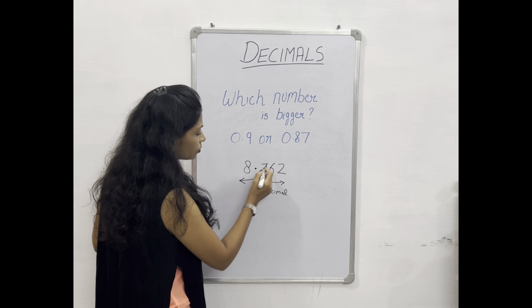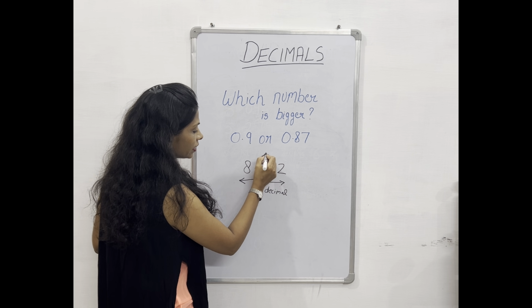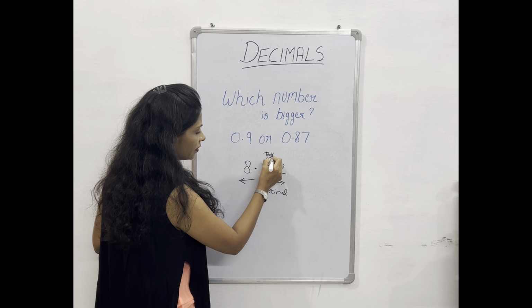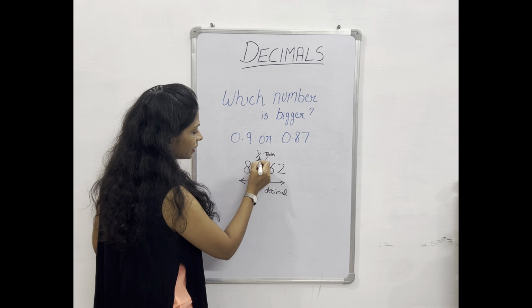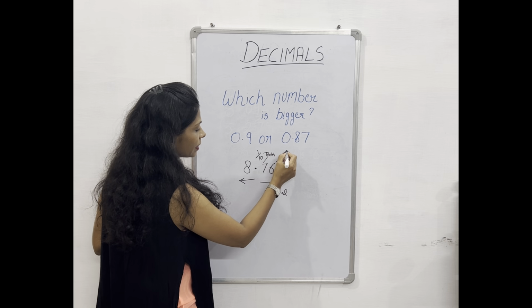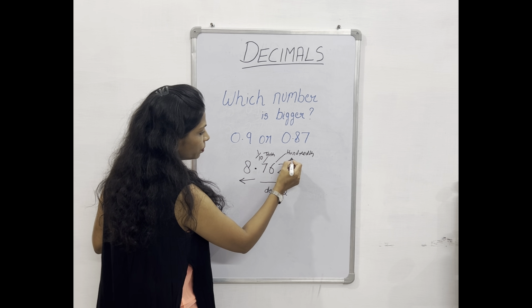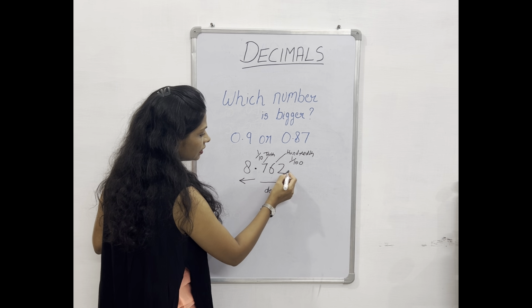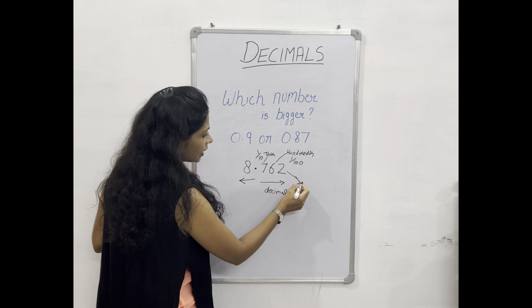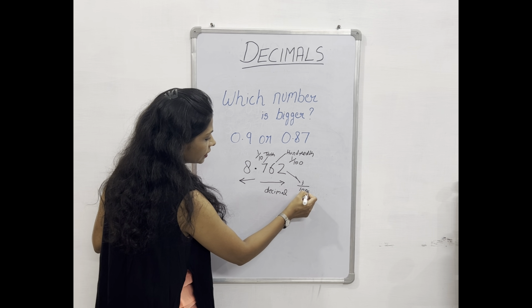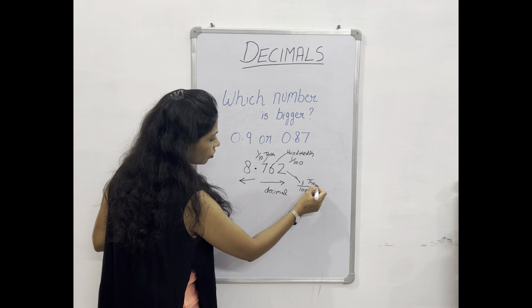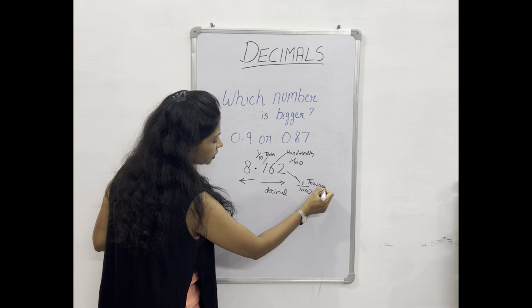The place value of the first decimal digit is tenth, also represented numerically as 1 over 10. 6 is represented as hundredth, numerically as 1 over 100, and 2 as 1 over 1000, and can also be written as thousandth, and so on.